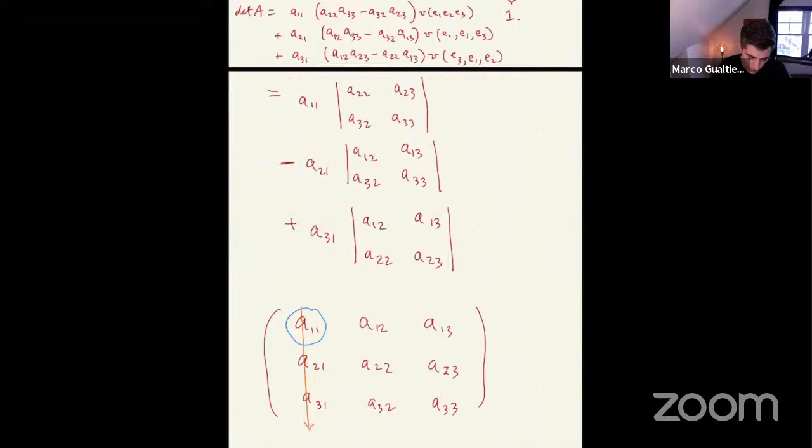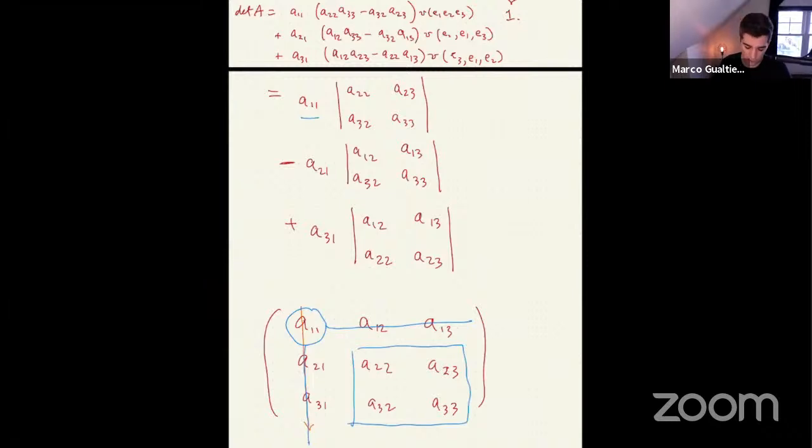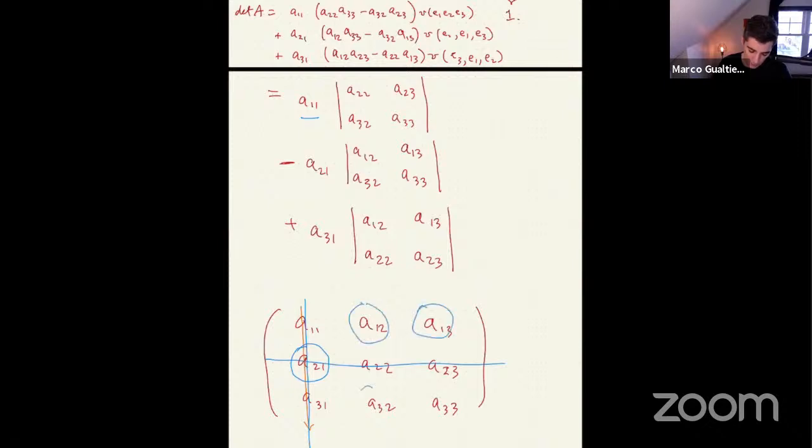The A11 shoots out horizontal and vertical kind of lasers that make you ignore this, and it focuses you on this. So you just get A11 times the determinant of the 2 by 2 submatrix as the first term. Okay, the second term is going to be A21, which shoots out lasers like this, and it focuses you on this 2 by 2 submatrix. Okay, and you compute its determinant, A12 times A33 minus A13 times A32, multiplied by A21.